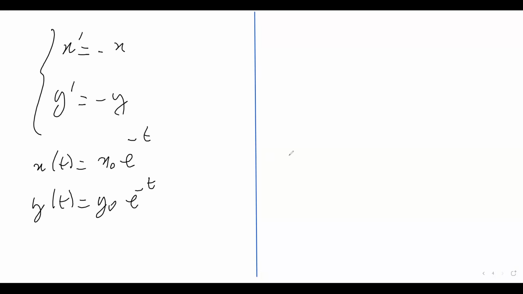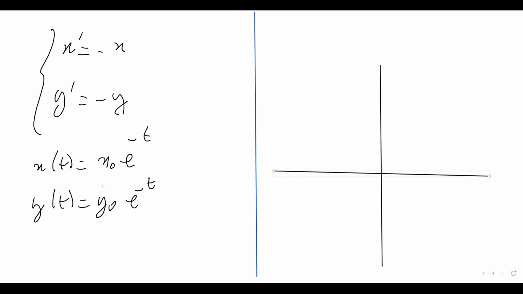Now, if I want to draw that, let's start with a special solution. If y0 equals 0, then y of t is 0, and x of t is going to 0.